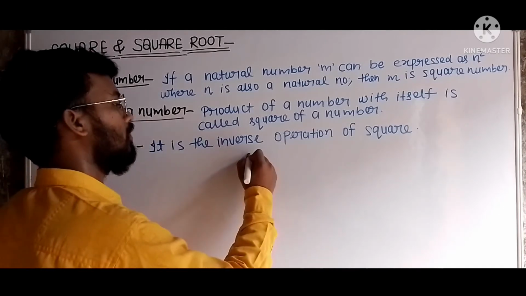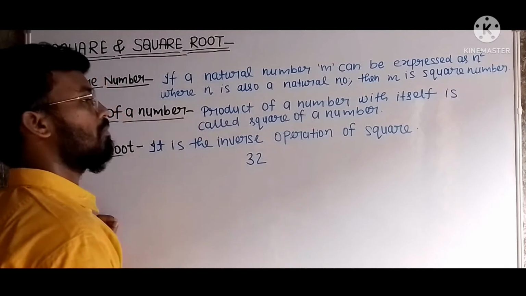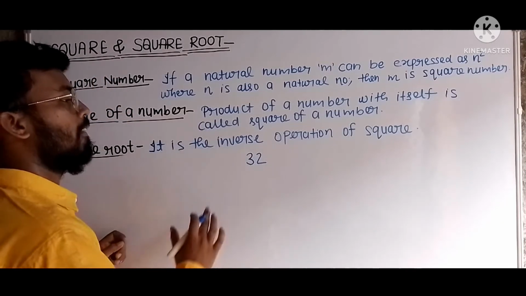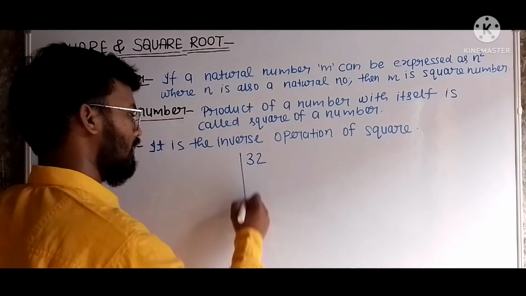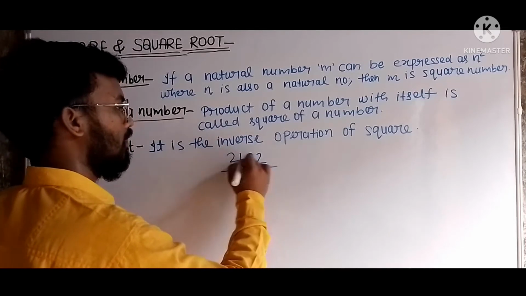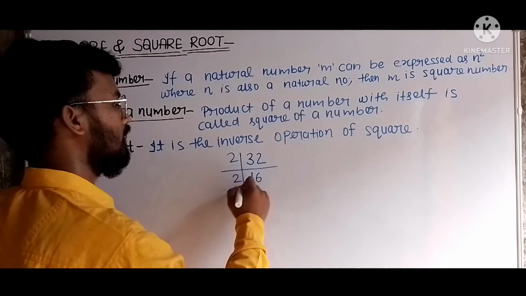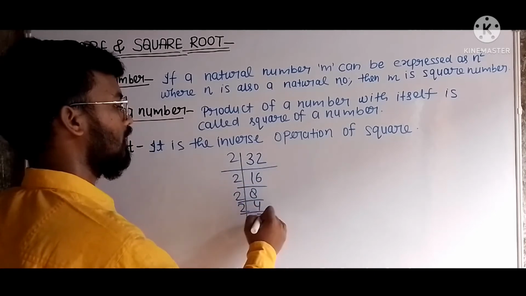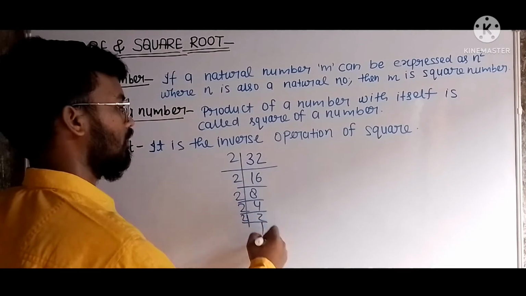If someone asks you whether 32 is a square number or not, for proceeding with such kind of problem, first factorize the given number. Here you get 16, then 8, then 4, then 2, then 1.